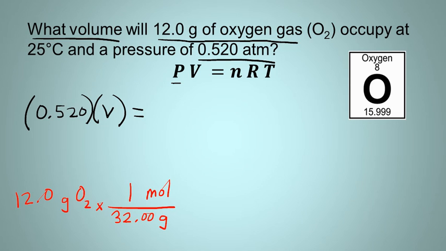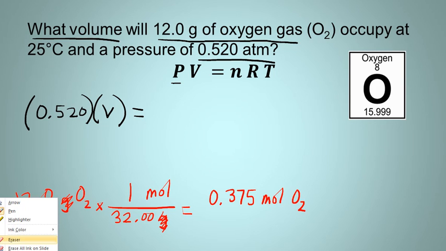And so now we can take grams, cancel that out, and on our calculator, 12.0 times 1 divided by 32.00 gets us 0.375 moles of O2. So that's really a required step that we have to do before we can solve this problem. So I'm going to put in the 0.375 moles back into N.